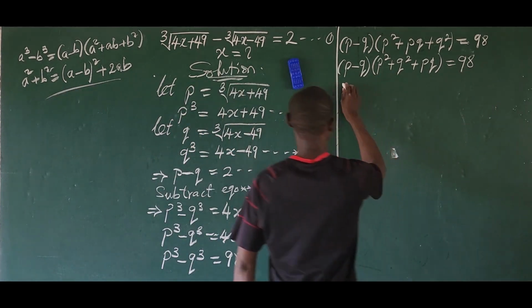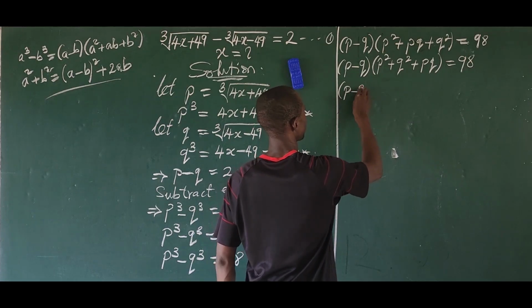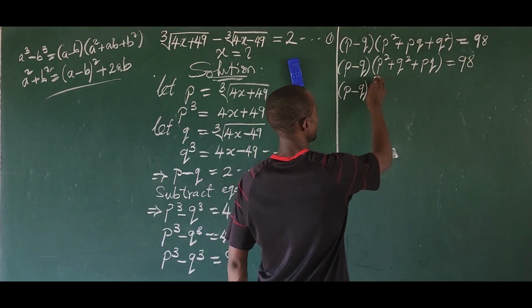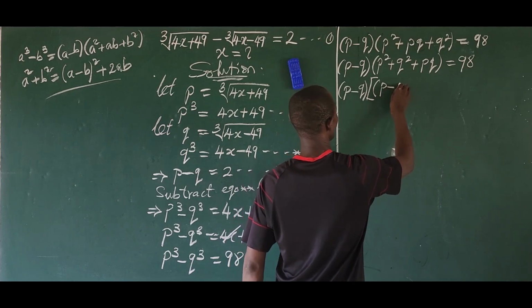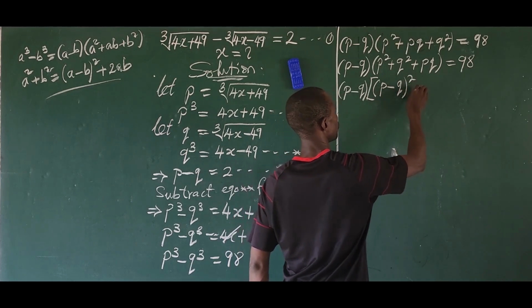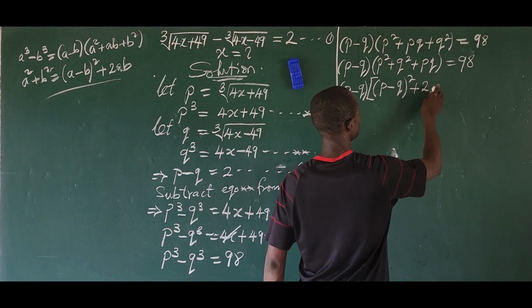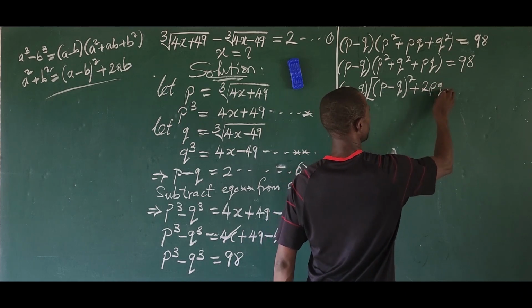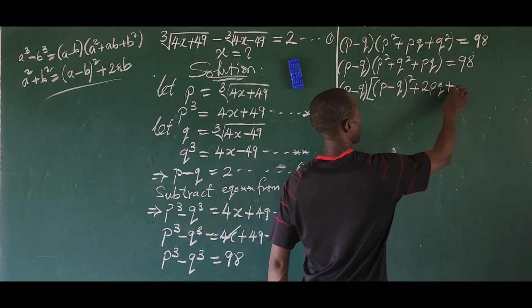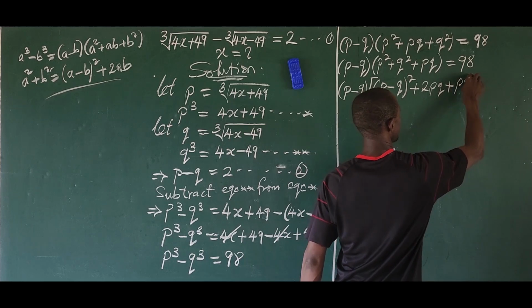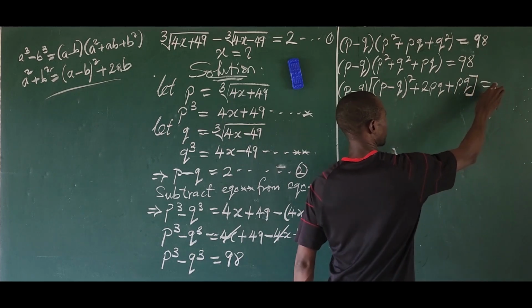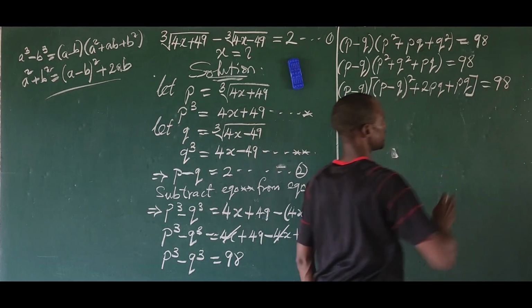Rewriting it gives us (P minus Q) into a square bracket: (P minus Q) all to the power of 2, plus 2PQ, plus the PQ that is already in existence here, square bracket close, equals 98.